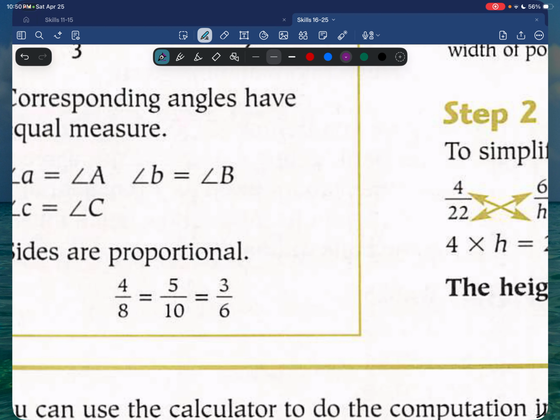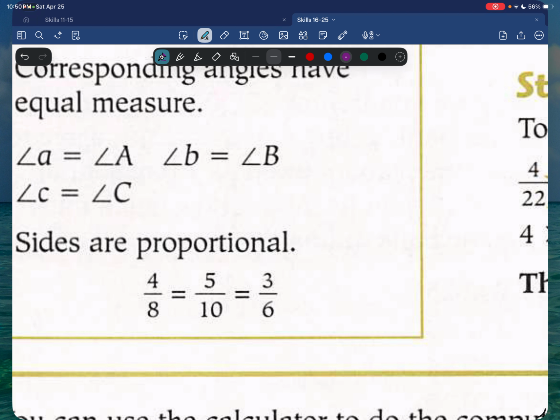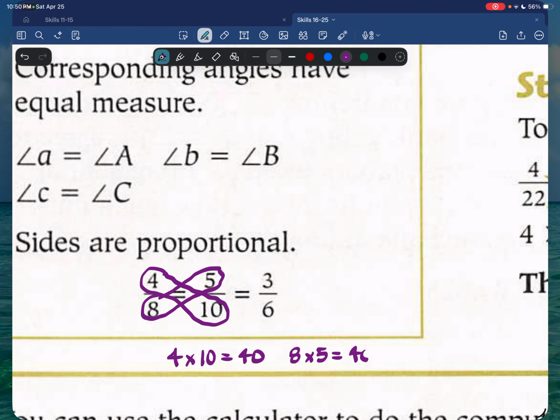So let's check to see if these proportions hold true. So I'm going to do 4 times 10. That is 40. And then I'm going to do 8 times 5. That is 40. So those check out.